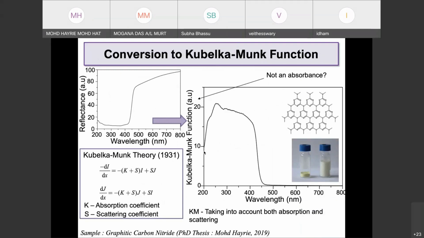In a liquid sample, for example, it is just for absorption. But in a solid sample, because of the light scattering effect, it accounts for the scattering coefficient. So to have more accurate data, you have to convert to the Kubelka-Munk function.